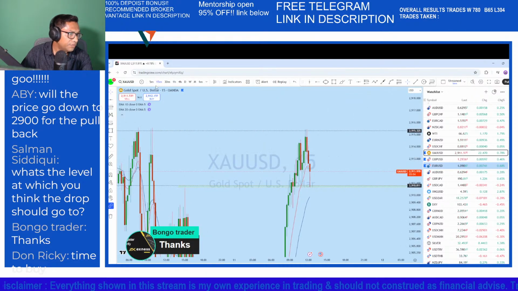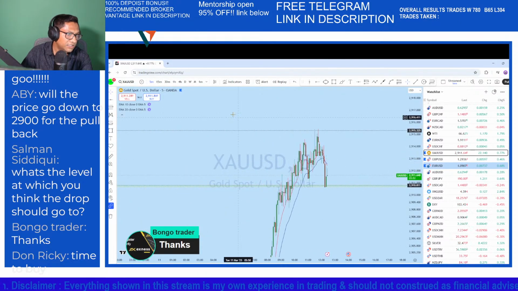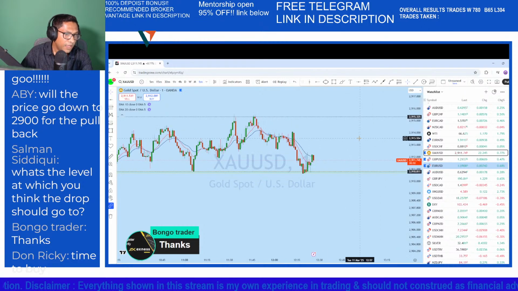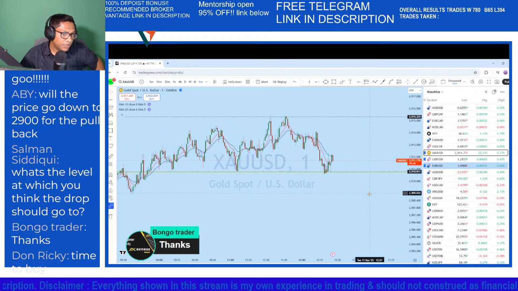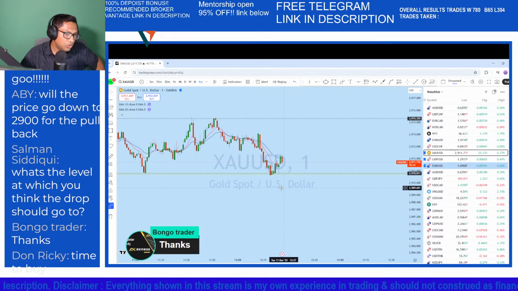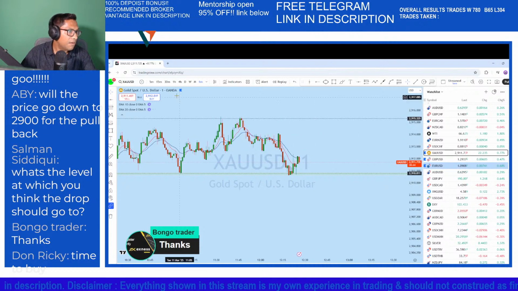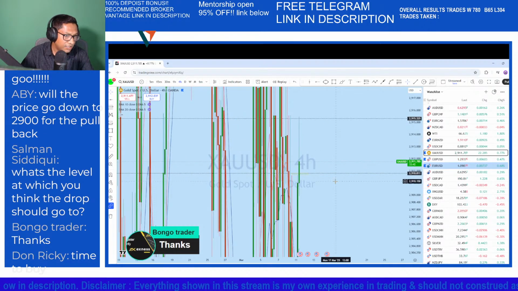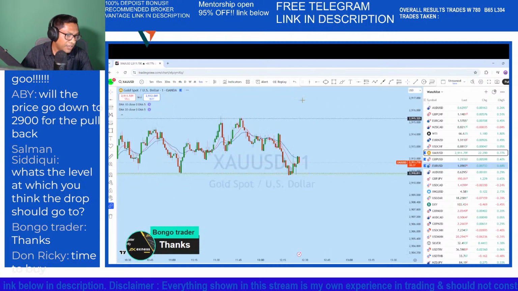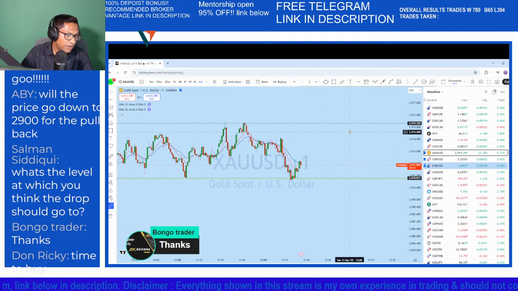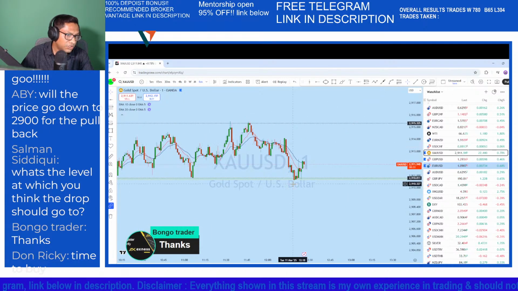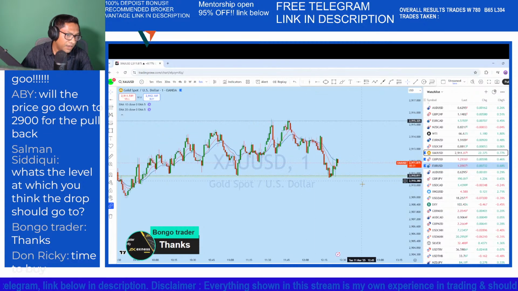From that perspective, this is the 1 minute chart and there is a doji. Primarily it's trying to bounce, but what I will be waiting for here is for the price to test and then return back up again. For the time being, we could see a reversal here.